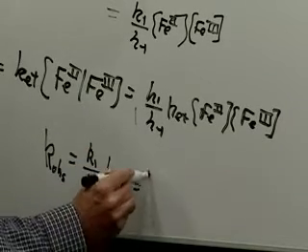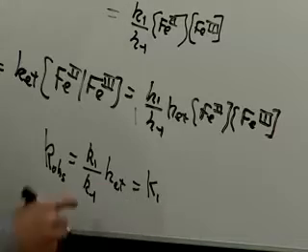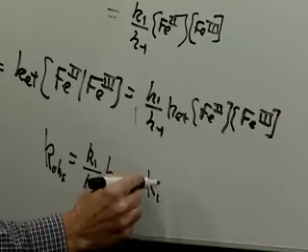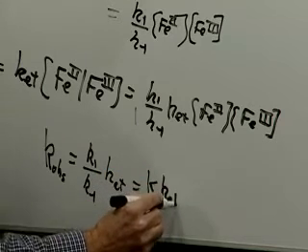Or I can just call it K1, an association constant, the equilibrium constant to form the precursor complex, times kET.